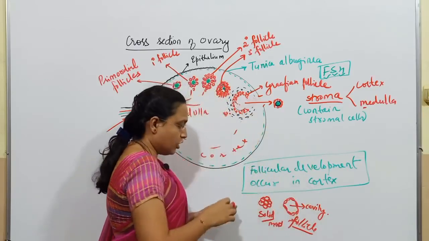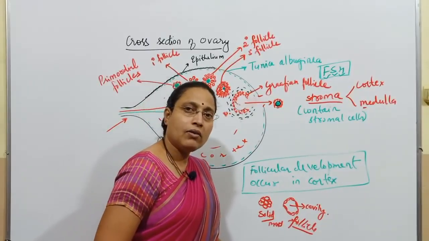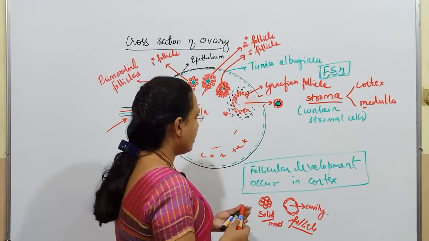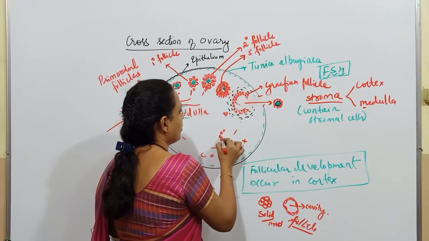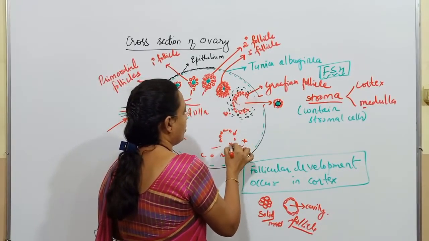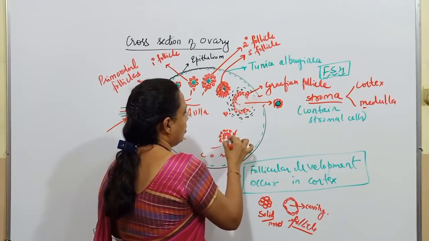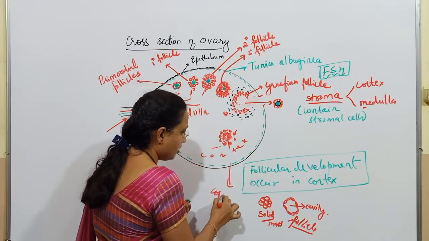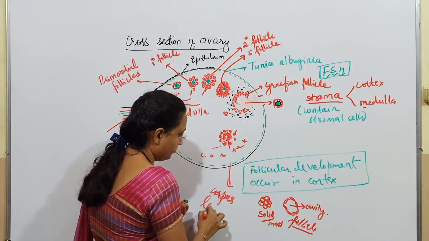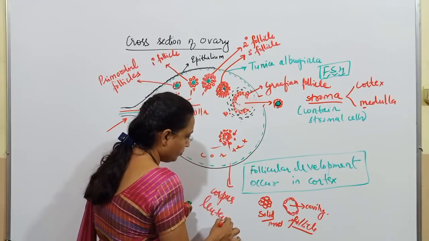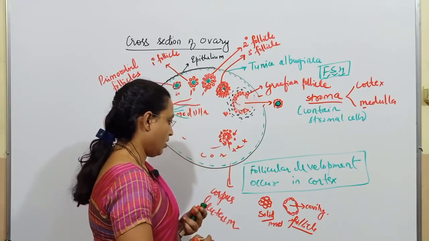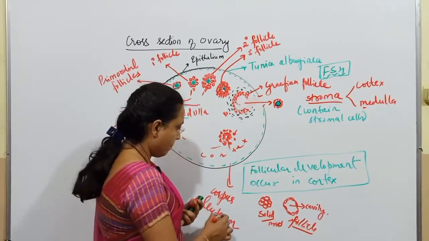Now that will change into a gland, a temporary endocrine gland, and that is called corpus luteum.